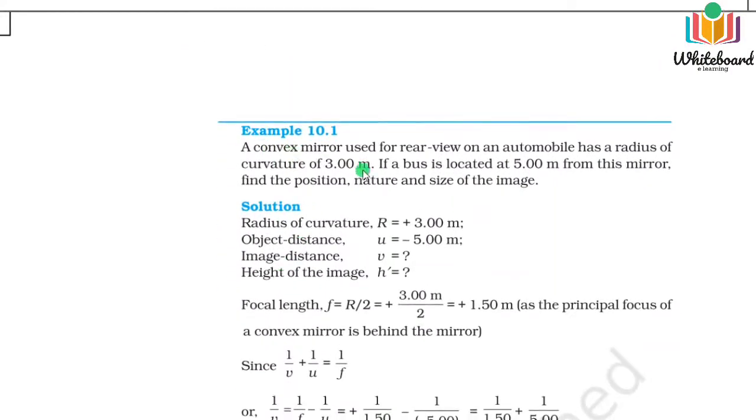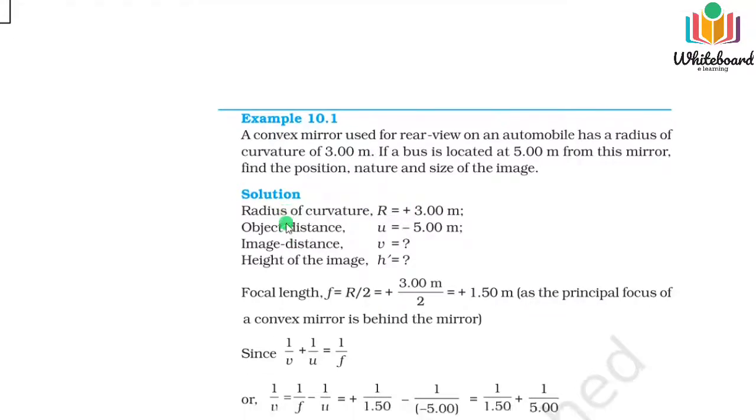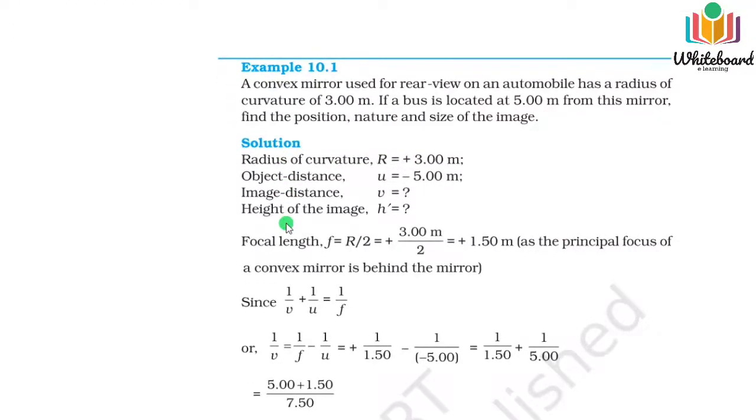Now these are some numerical problems. How to solve a numerical problem? Just follow. A convex mirror used for a rear view on an automobile has a radius of curvature of 3 meter. If a bus is located 5 meter from the mirror, find the position, nature and size of the image. First you have to write what is given. Radius of curvature r is 3 meter.